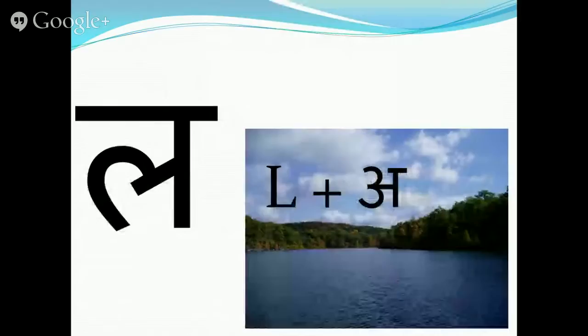So what you can do is when you're done with this, go to the page, download the slides, and I will insert how to write these letters. So this sounds like L plus A, la.